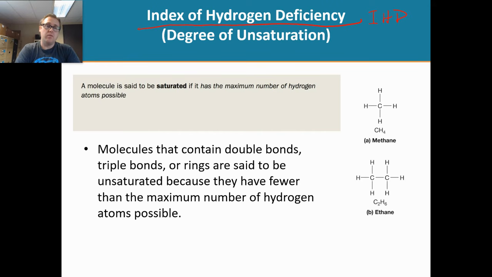Now, when I took organic chemistry, I used the phrase degree of unsaturation. I use them interchangeably. So if I say degree of unsaturation or index of hydrogen deficiency, it means all the same thing to me, and it should mean the same thing to you. Now, spoiler alert, who cares? Why is this so important in helping us determine the structure?